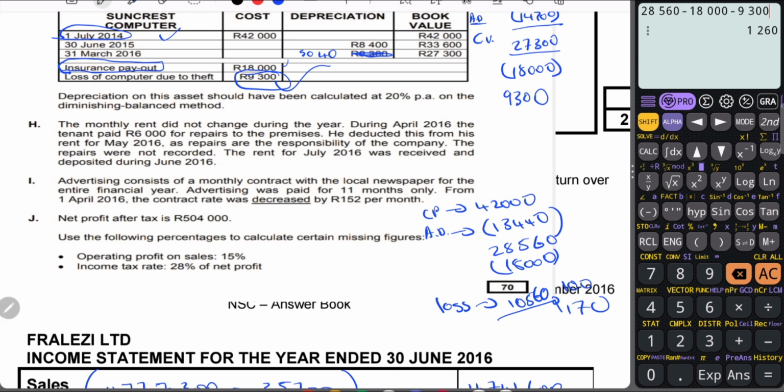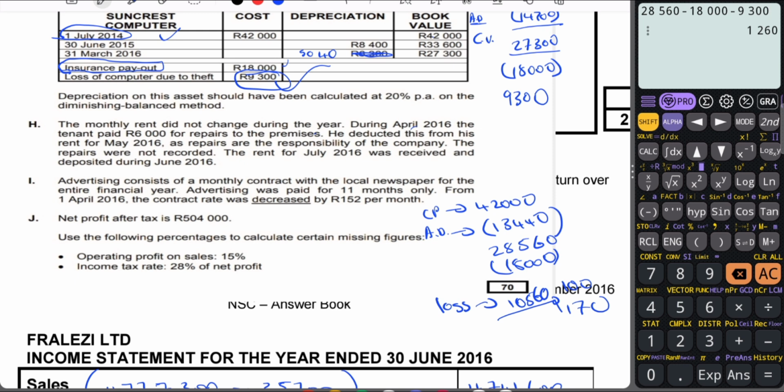H, the monthly rent did not change during the year. During April 2016, the tenant paid 6,000 for repairs to the premises.